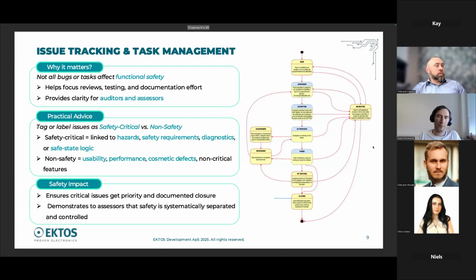So before we go into some of the major pillars in this taxonomy and discuss our experience and what we suggest to use, I would want to concentrate on issue tracking and task management tools as a key, I would say, glue that connects all those pillars that I demonstrated during the taxonomy presentation.